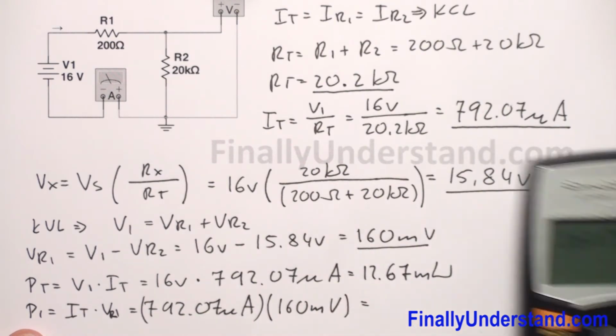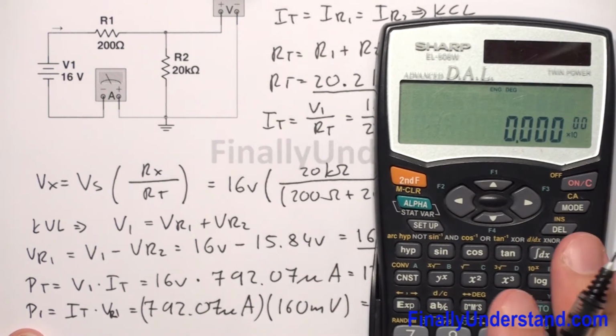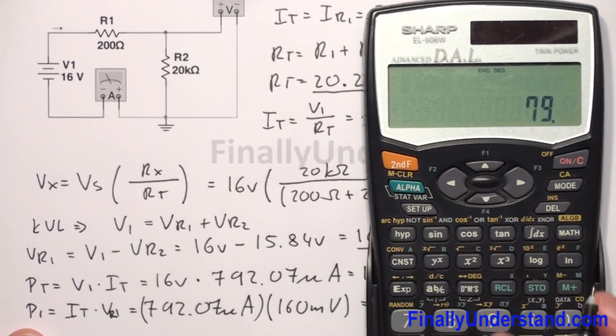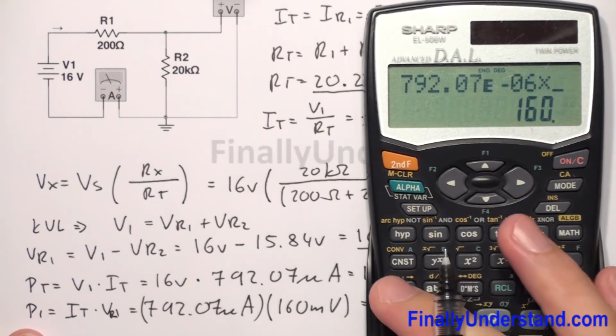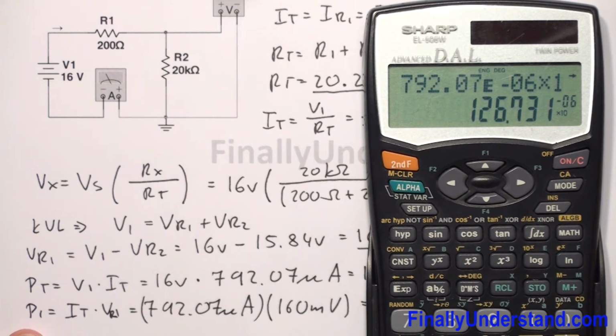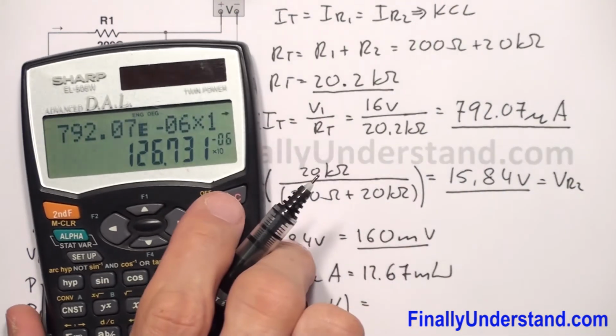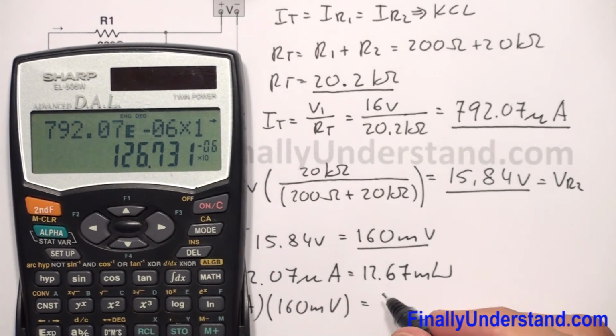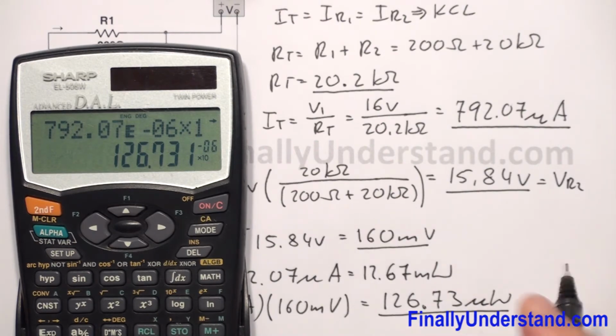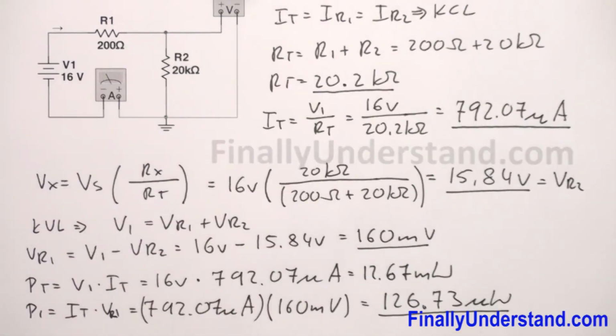Using the calculator again, I have 792.07 exponent negative 6 times 160 exponent negative 3. This is equal to 126.73 microwatts. This is the power at resistor R1.